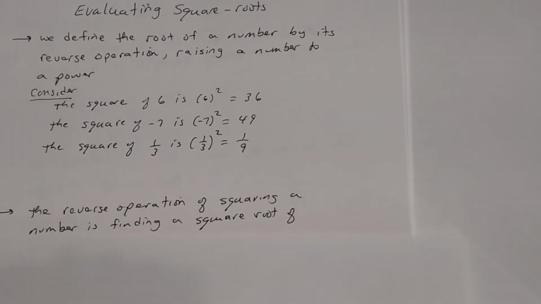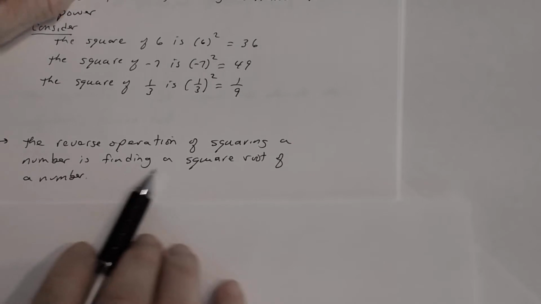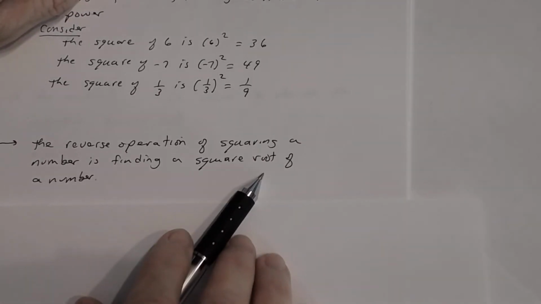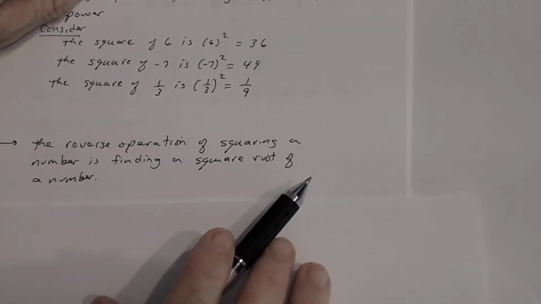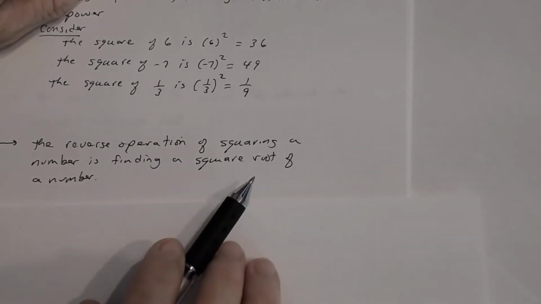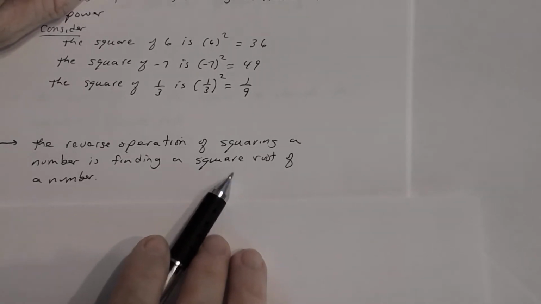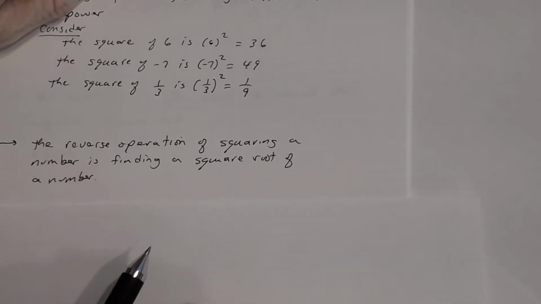The reverse operation of squaring a number is finding the square root. That's going to be important later on in our lessons when we solve radical equations. So the reverse operation of squaring a number is finding a square root of the number.